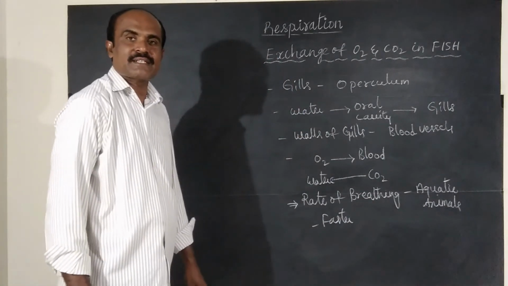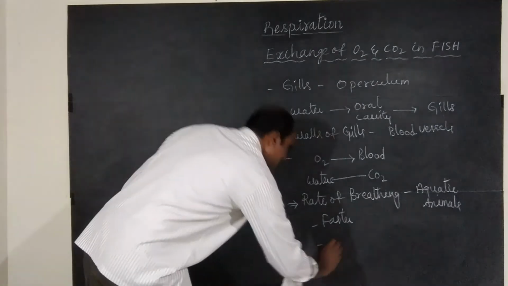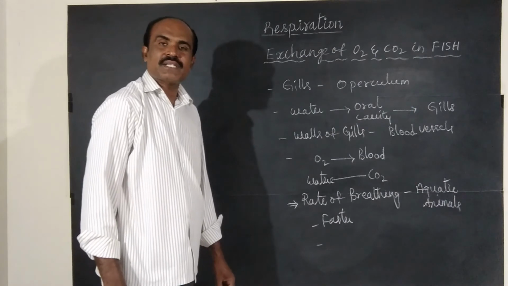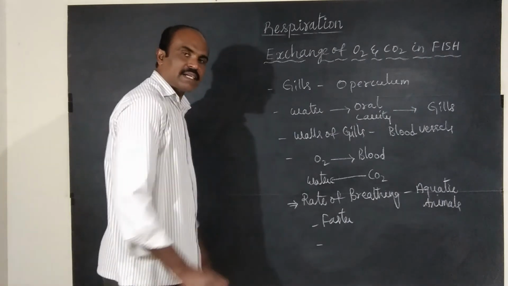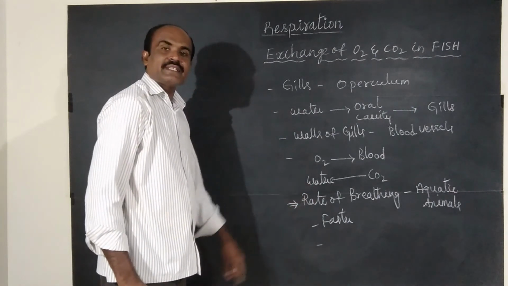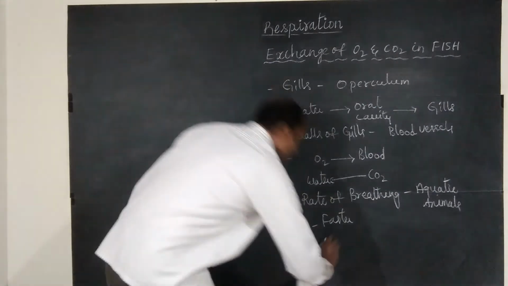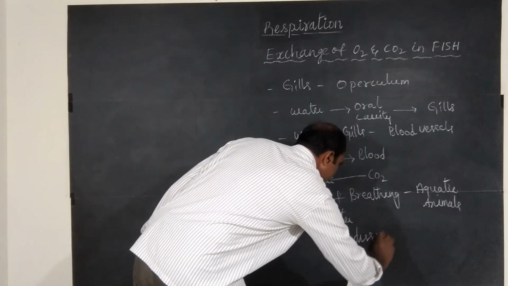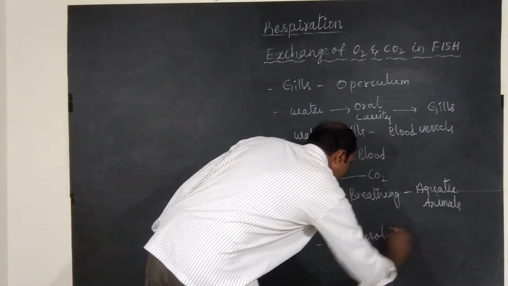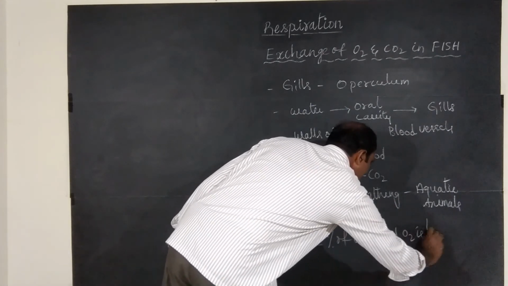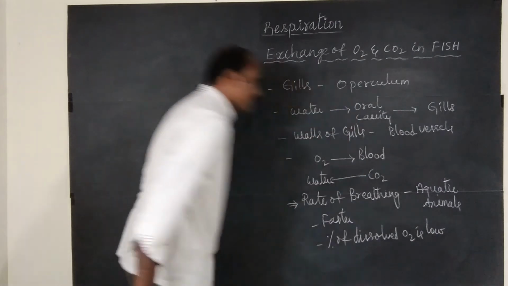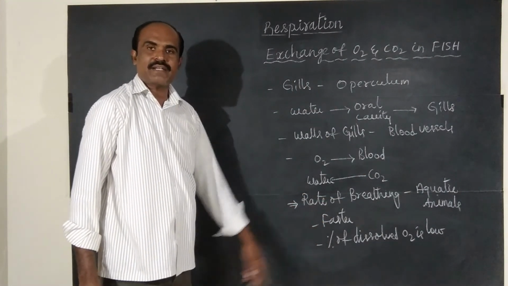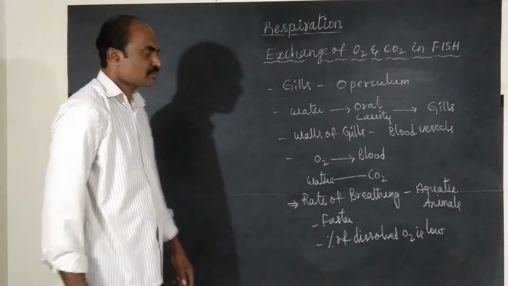What is the reason? The only reason is percentage of dissolved oxygen in water is less. That is why breathing rate is more. Percentage of dissolved oxygen is low. So that is why the rate of breathing in aquatic animals is faster than terrestrial animals.